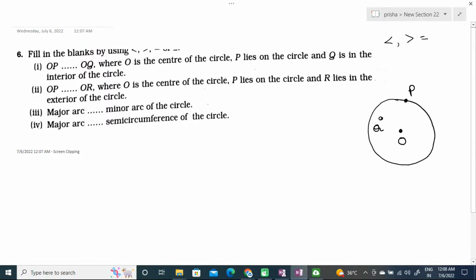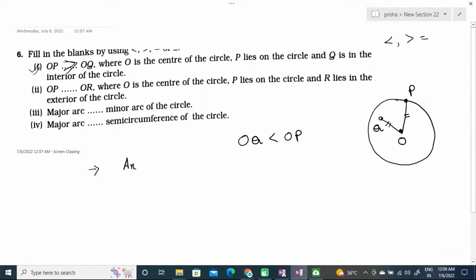Now OP and OQ, we have to find the distance between OP and OQ. So this is the radius of circle. This is a point inside the circle. So that means this distance OQ must be less. This OQ must be less than OP. So according to the question, OP must be greater than OQ. Okay. So what is the formula we derive over here?